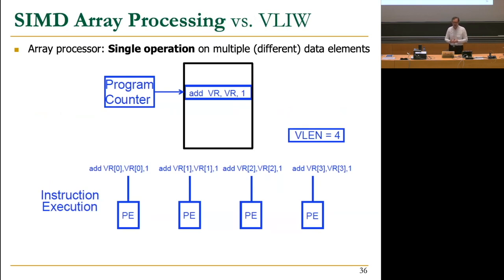So in this sense, they're similar, in the sense that they're doing multiple operations per cycle, except the relationship between the operations in this case is you're doing the same single operation on multiple different data elements. Makes sense, hopefully, right?